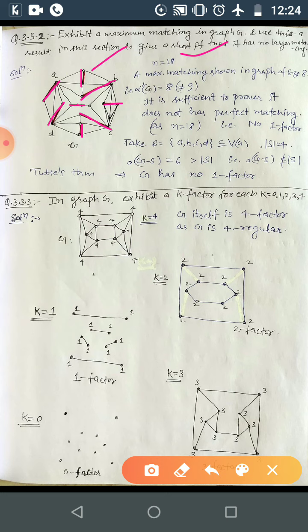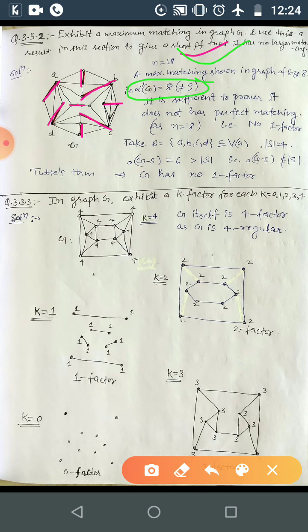So 8 independent edges exist at maximum. So the maximum matching cardinality is 8, that is, alpha dash for this graph is 8, which is not equal to 9. If a matching becomes perfect, then it should have n by 2 edges, but here n by 2 is 9, and we have a maximum matching of 8. So there does not exist any perfect matching.